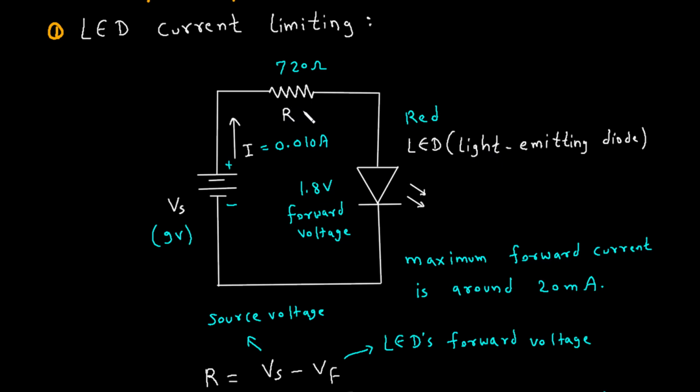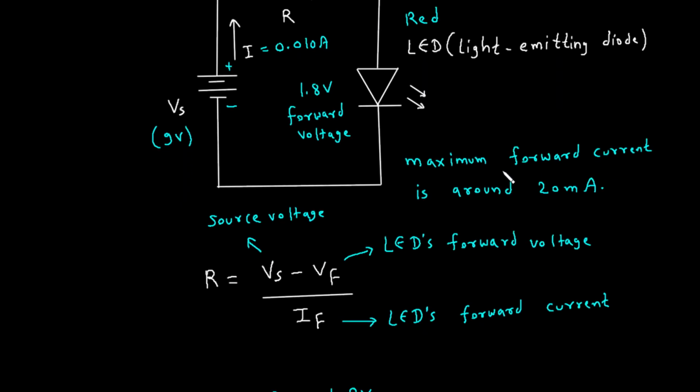So that means we need a resistance of 720 ohm to get a current of 0.010 ampere. By varying this resistance value, we can vary this current value. The more the resistance value, the less the current, and the less the resistance value, the more the current. Maximum forward current is around 20 milliampere. So this is the maximum forward current for this LED.